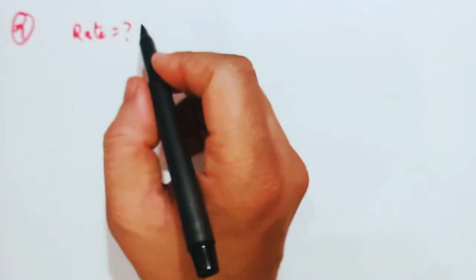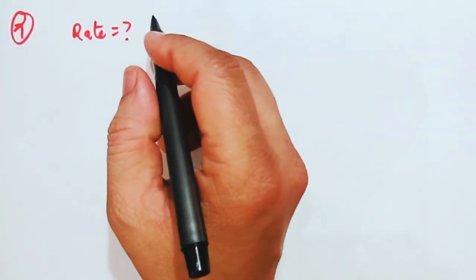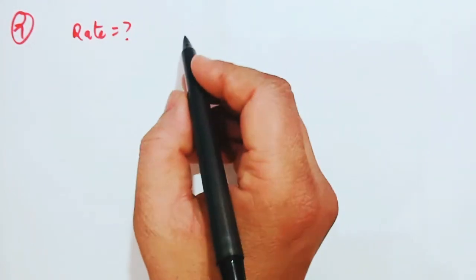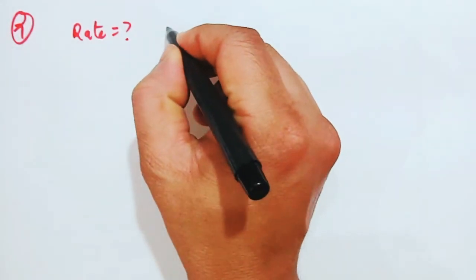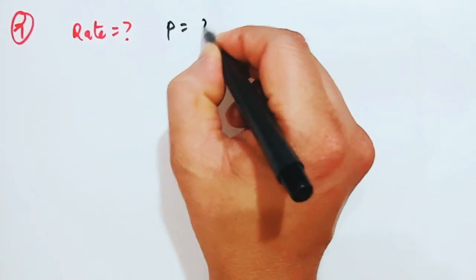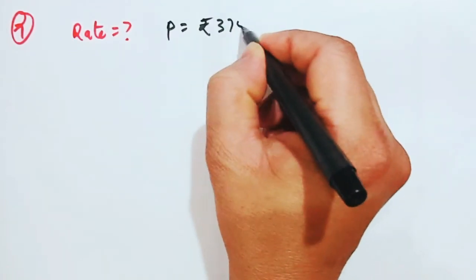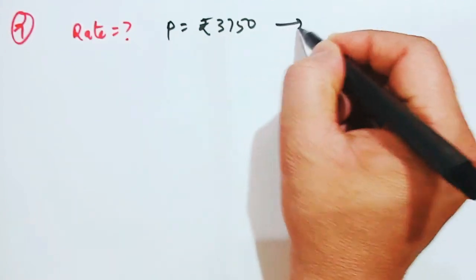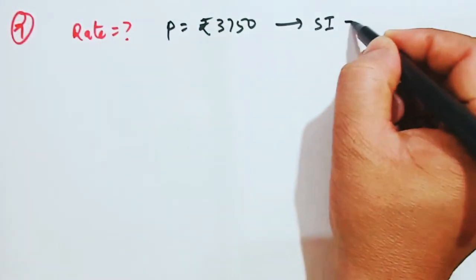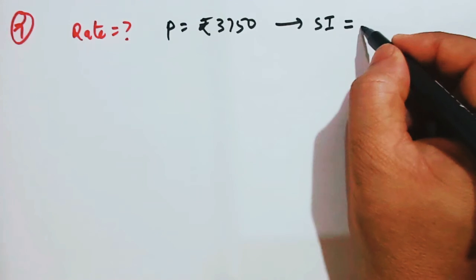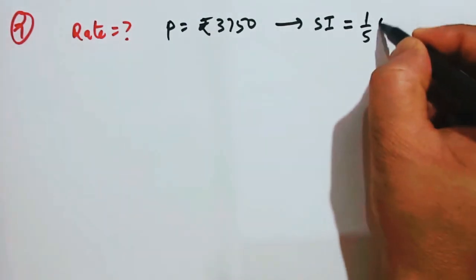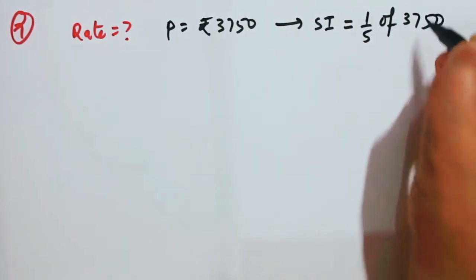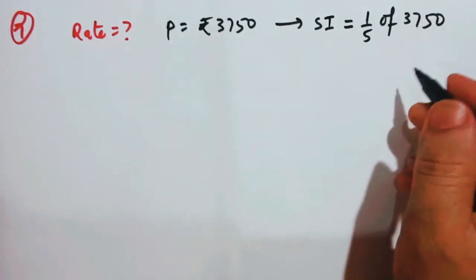So at what rate percent of simple interest will the interest on rupees 3750, this means the principal is given as rupees 3750, कह रहा इस पर इंटरेस्ट जो होगा SI, that will be equal to 1/5 of itself. 1/5 of itself means of 3750. तो अच्छी बात तो है, they have given you the values.